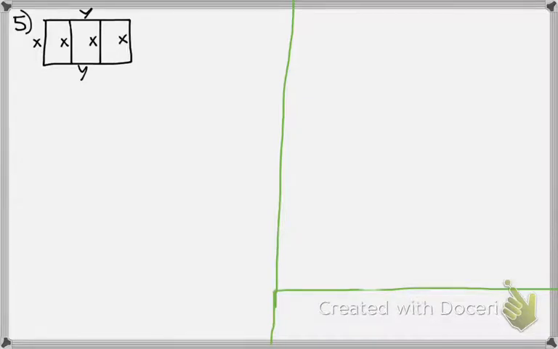Okay, so we need to look at what we're trying to optimize, and we're trying to maximize the area. So that's very important, that is our goal. So the area is equal to X times Y. And just like with the previous problem, this is too many variables.